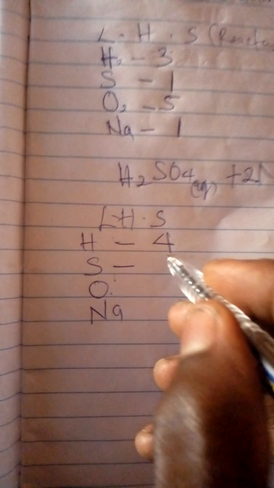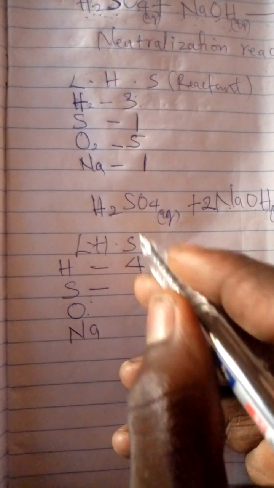My hydrogen is now, this is 2 plus this 2, making it how many? 4. Look at the right hand side. Hydrogen is still 2. Come to sulfur. Sulfur already we know it is 1. In the left hand side, sulfur is 1.